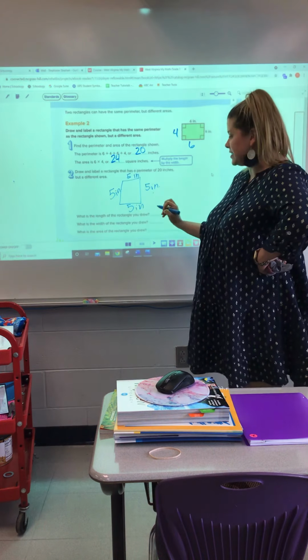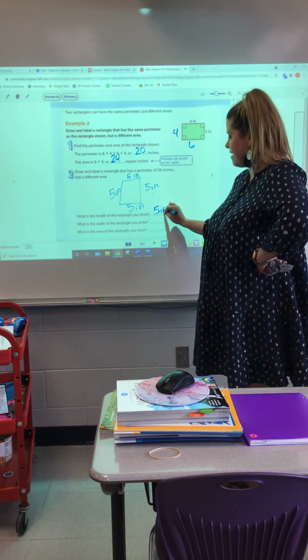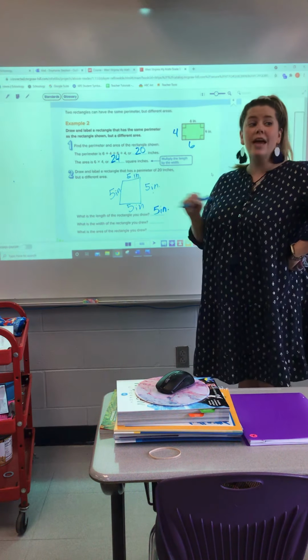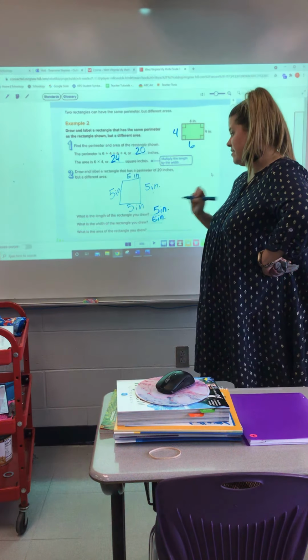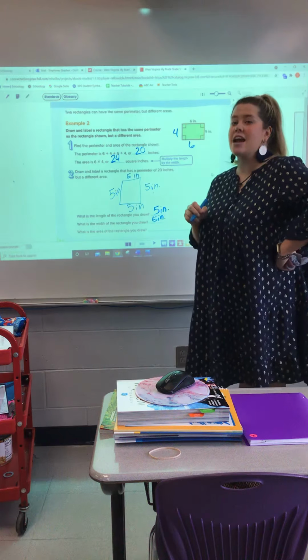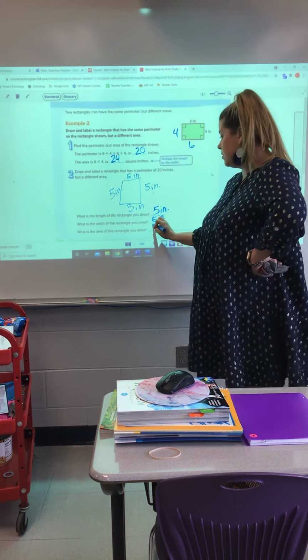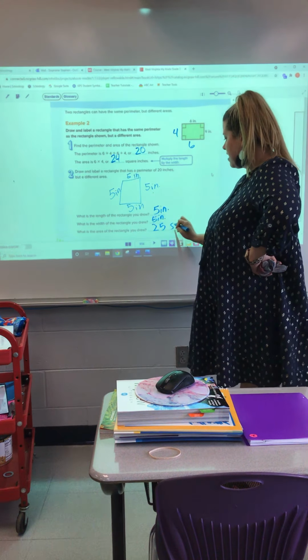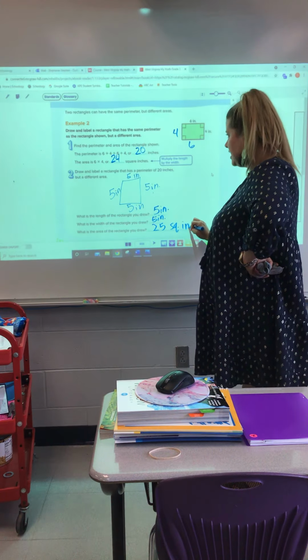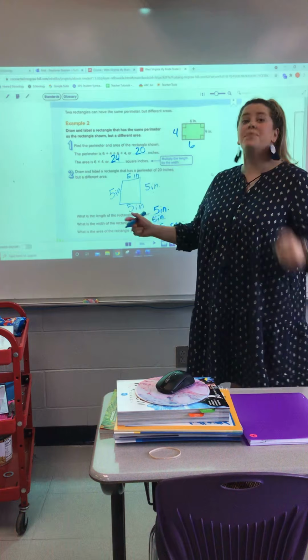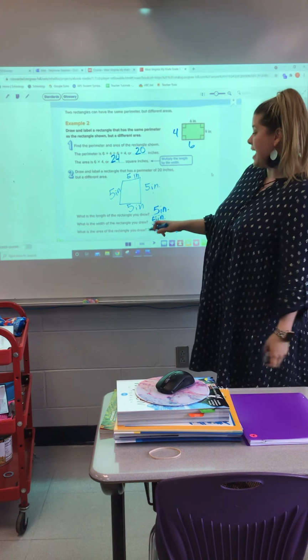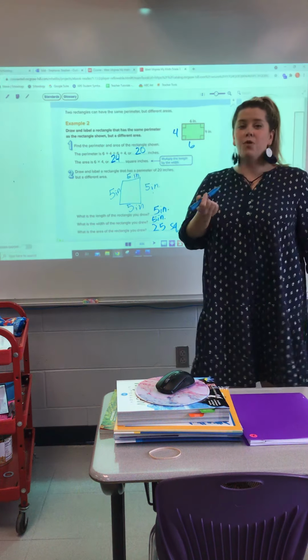What's the length of the rectangle you drew? It's 5 inches. What's the width? Also 5 inches. So what's the area of the rectangle you drew? 25 square inches. So is my perimeter 20? Yes. Is my area different than 24? Yeah, it's 25.